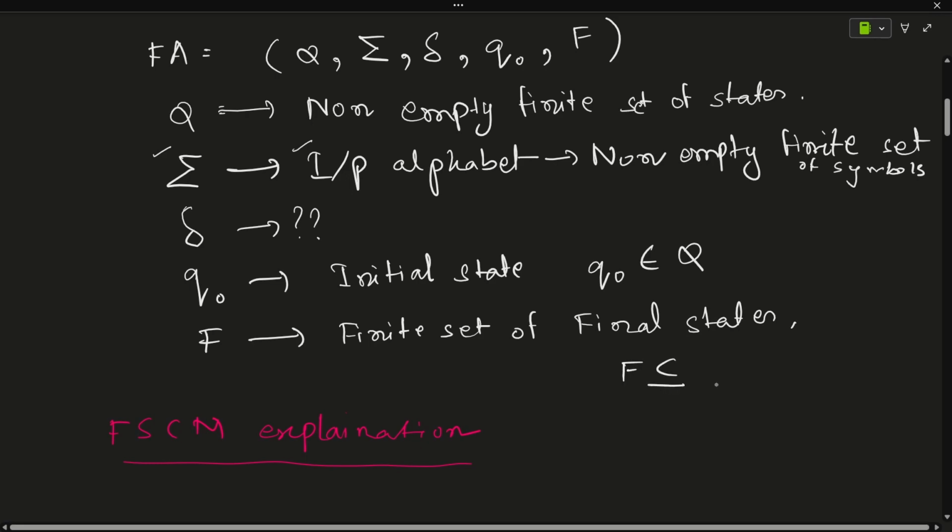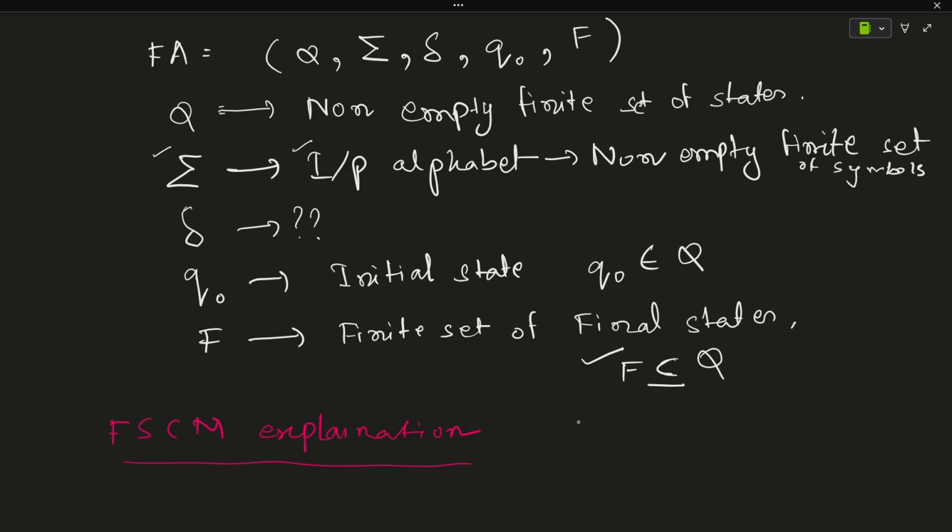F is a subset of Q. This means F can be Q or F can take parts of Q. Out of the states, F can be all the states, that is why this underline sign is there.